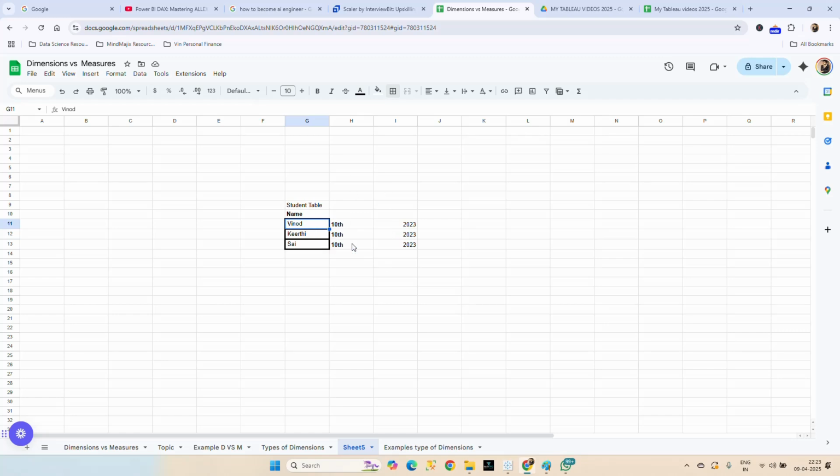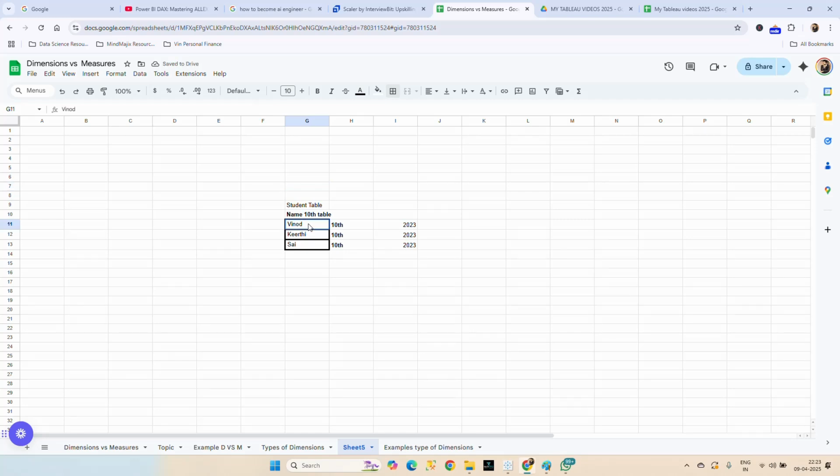These students are changing, so the 10th class table no longer has Vinod and Kirti in 2024. These students are not in the 10th class table anymore. This table is the student table, named the 10th table.